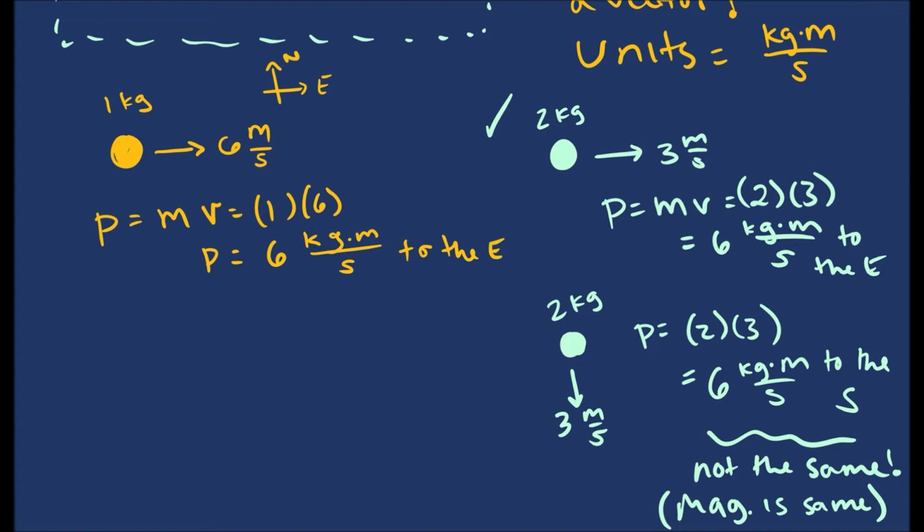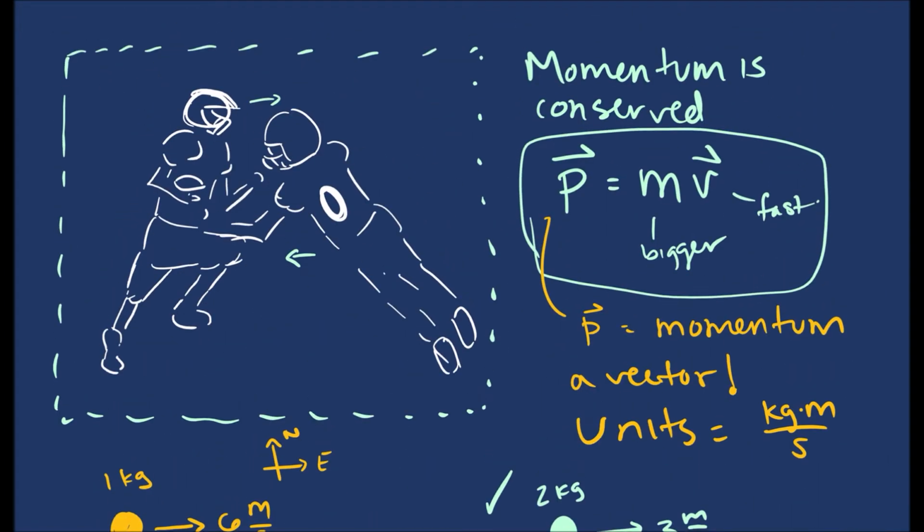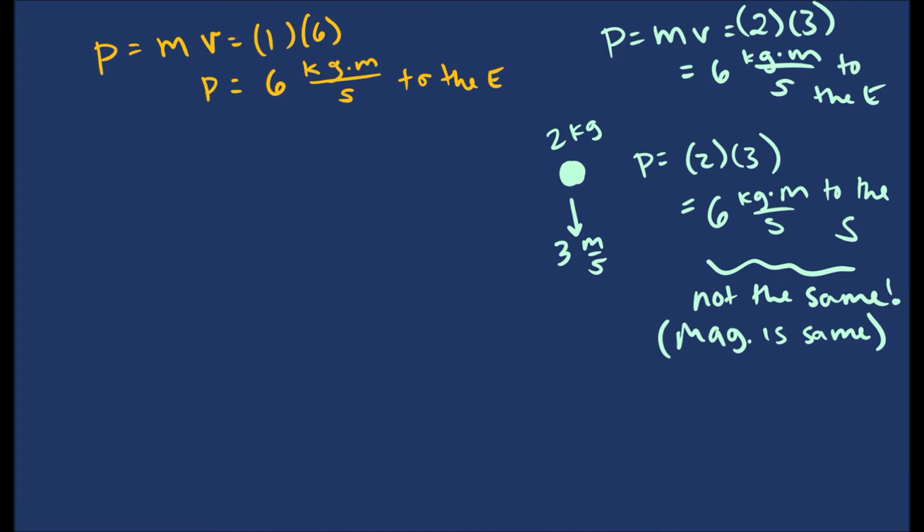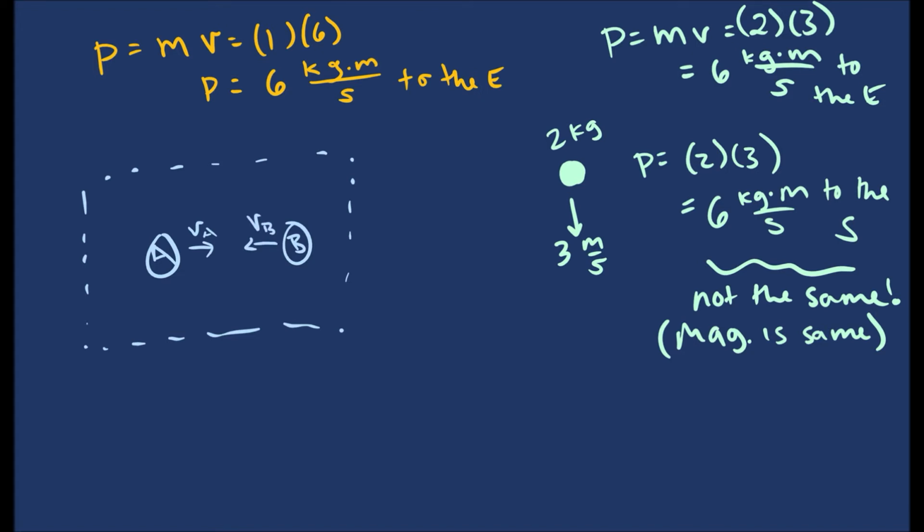Okay, when we're looking at our system, up here I said momentum is conserved. So what does that mean mathematically? What that means mathematically is if we look at the total momentum of a system, let's say we have 2 objects, object A moving with a certain velocity VA, and an object B moving with a certain velocity VB.